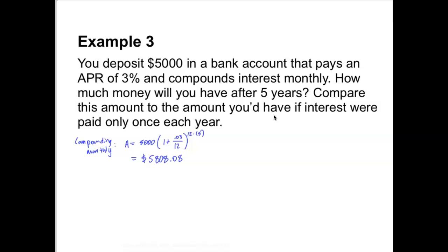So I wanted us to compare that. Well, what if it just compounded annually? So then our formula just becomes 1 plus the 0.03 to the 5th power.